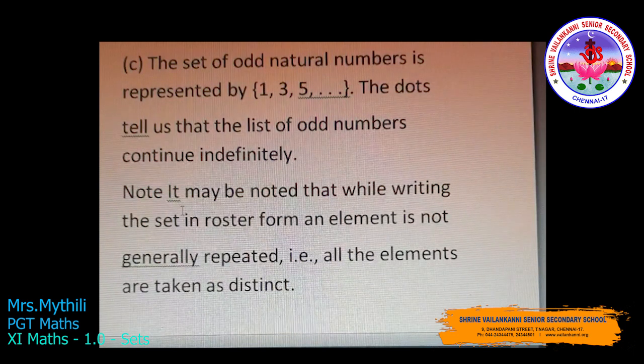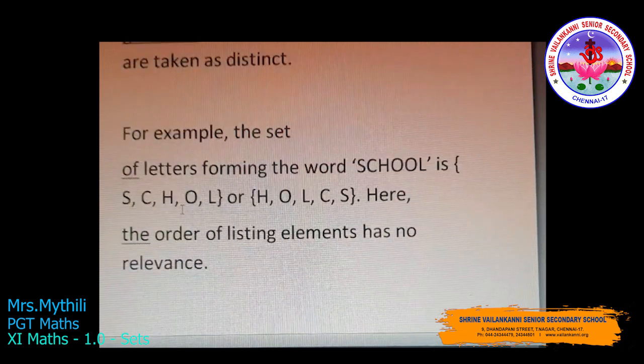It may be noted that while writing a set in roster form, an element is not generally repeated. That is, all the elements are taken as distinct. For example, the set of letters forming the word school, to be written in roster form. Here we have SCHOOL, so no need to repeat O again.